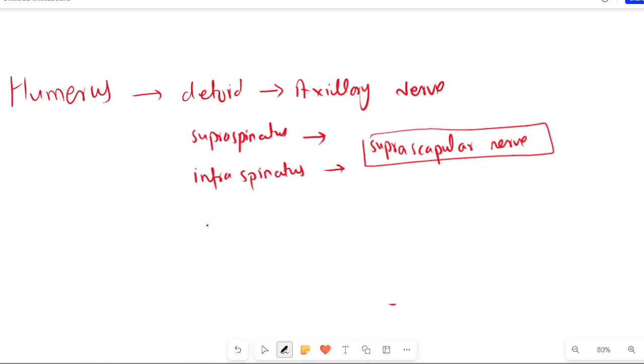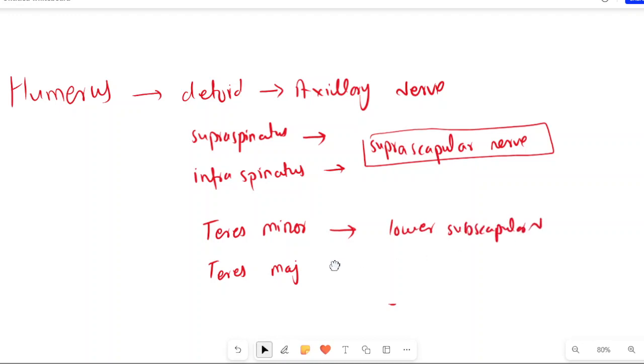Teres major and teres minor. Teres minor is supplied by the axillary nerve, and teres major is supplied by the lower subscapular nerve.